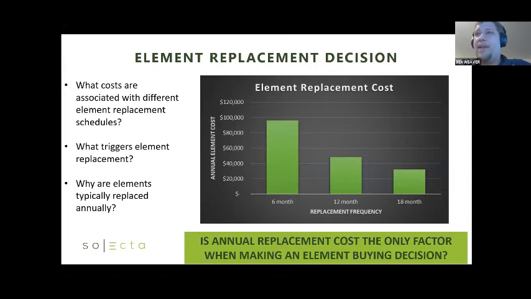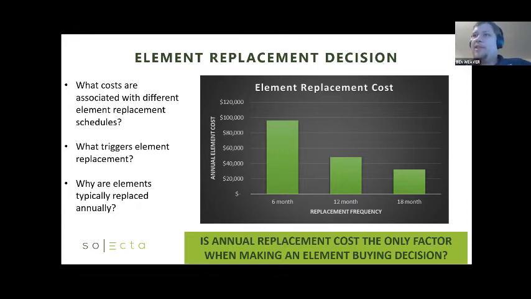That's going to be the best economic operation. And that may be the case if you're only looking at purchase price alone. And that's what the chart shows. If you're just looking at the element replacement costs, it's obvious that we want to maximize the membrane life. We want to get to that 18-month element replacement, because it's a third of the cost of a 6-month replacement.